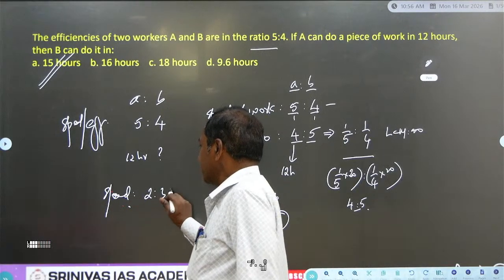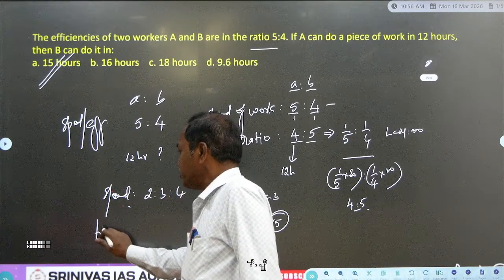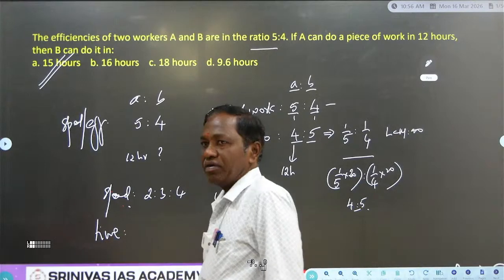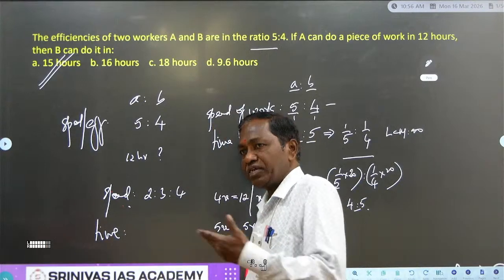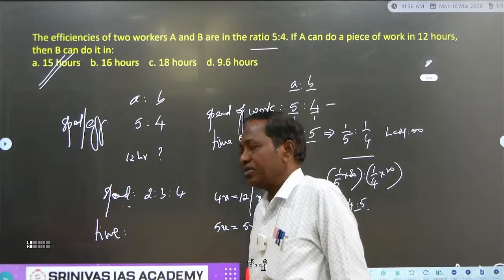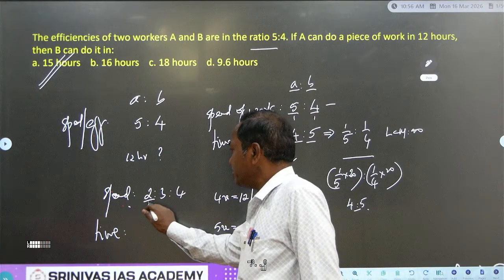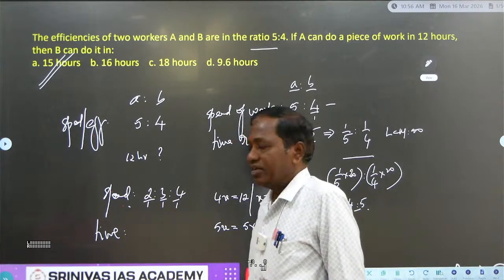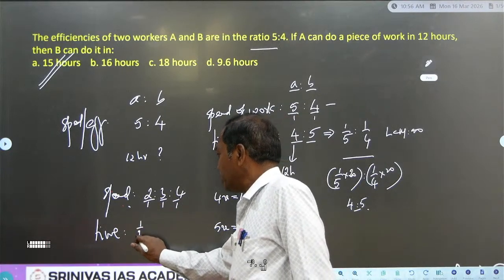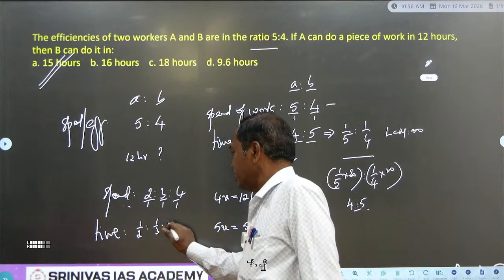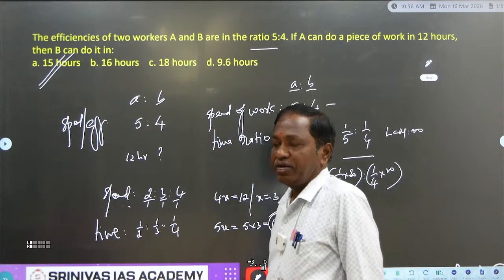2:3:4, what are the time ratios? This problem is the same for time, distance, speed also. With 3 ratios, reversing the ratio gives 1/2 : 1/3 : 1/4.